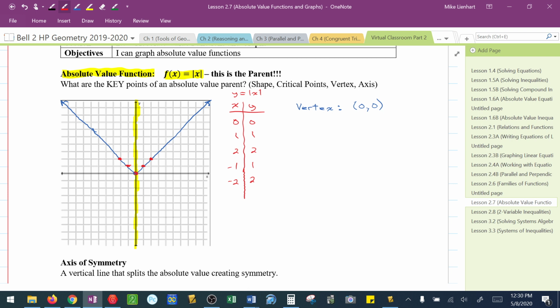We call this line the axis of symmetry. I'm going to abbreviate it A of S. The axis of symmetry is always x equals the x value of the vertex. So in this case, it's going to be x equals 0.